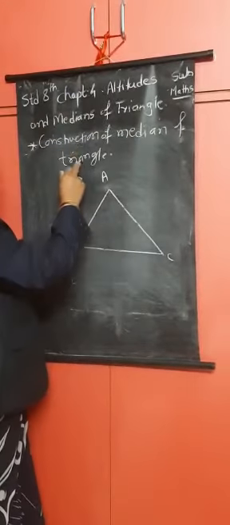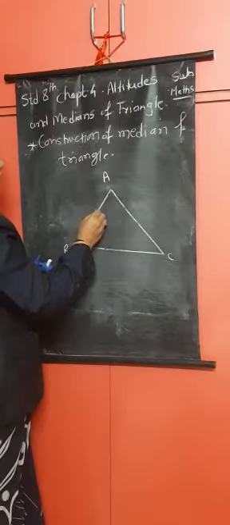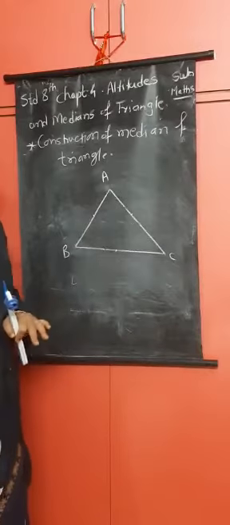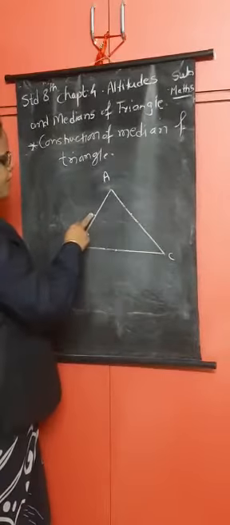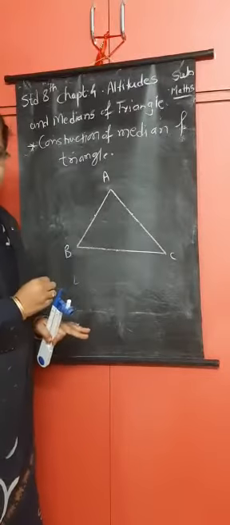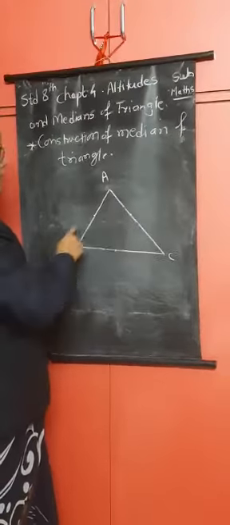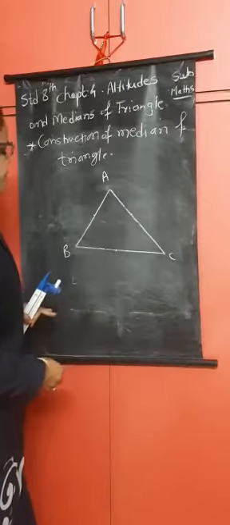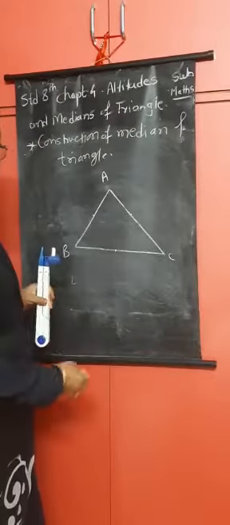For construction of the median of a triangle, first we find the midpoint of each side. Then we draw the perpendicular bisector. In 7th standard, we saw how to draw a perpendicular on a side. So we draw perpendiculars and find the midpoint of each side.